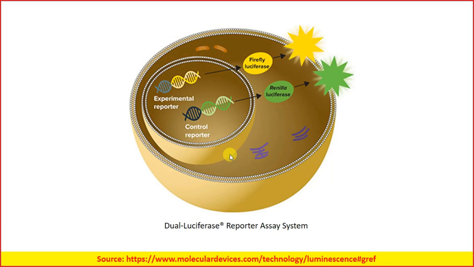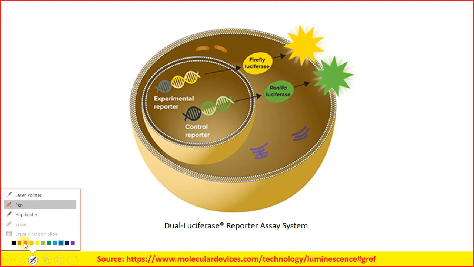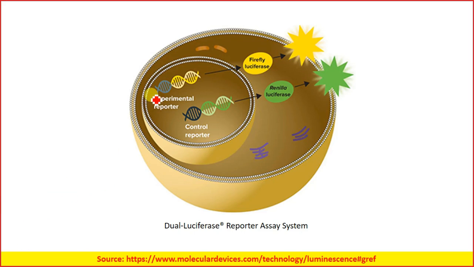So the researchers have come out with a unique way. What they are saying is that apart from the experimental reporter, which will generate this firefly luciferase, we will put one control reporter also, which will generate renilla luciferase enzyme.